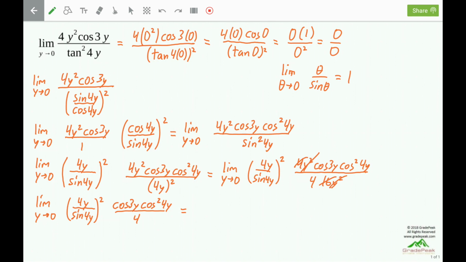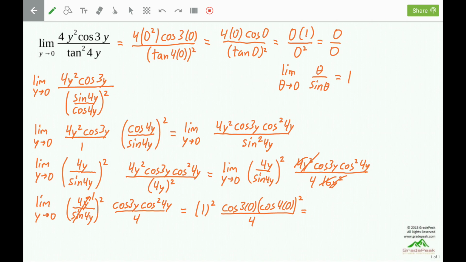The first fraction is phase matched, a perfect identity, theta over sine theta. That will come to a 1. It's being squared, but 1 squared is still a 1. Now we've removed the 0 over 0 indeterminate form. We should be able to plug a 0 in for the remaining y's, and we will have a cosine of 3 times 0, a cosine of 4 times 0 squared, and then all of that divided by a 4.